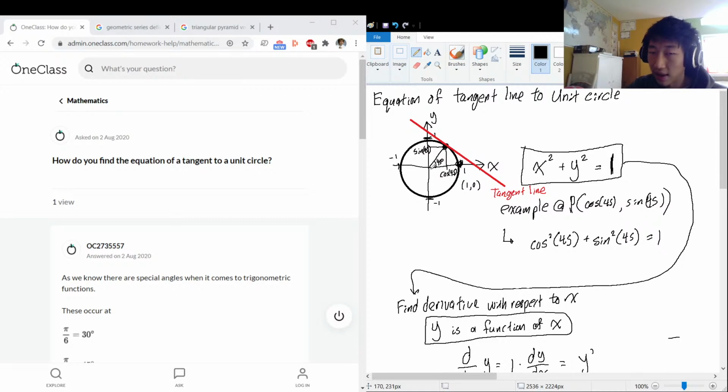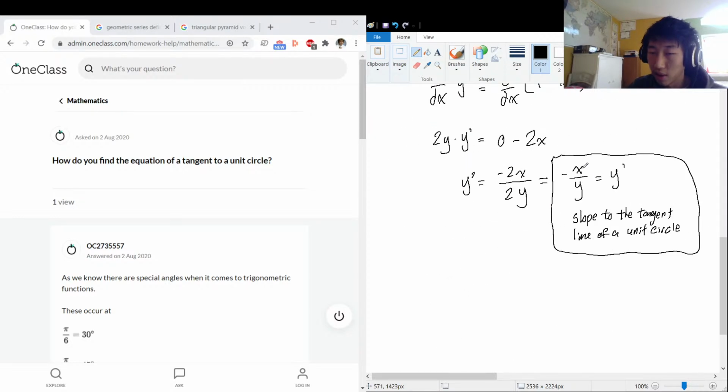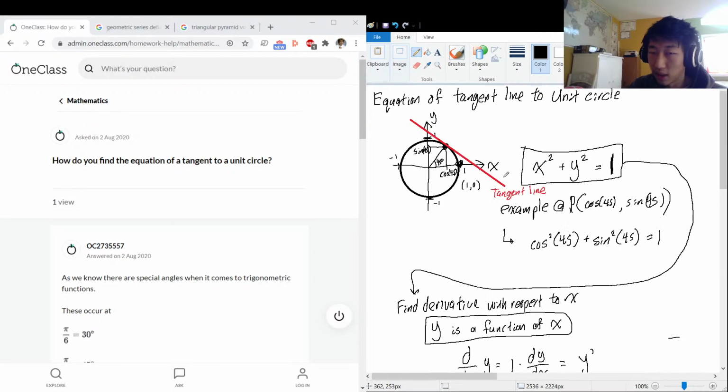Like if it's at the exact 45 degrees, you would expect the slope to be negative 1. As we get closer to x, this should get more steep, meaning that x is getting bigger and y is getting smaller. So its magnitude is getting bigger, but it's getting more negative. So that makes sense. And the same thing if we go more towards 0, the slope is like this right now, but if we go more towards 0, it's going to flatten out like that.